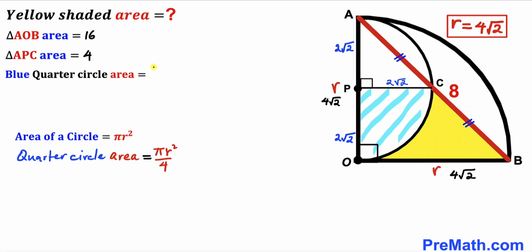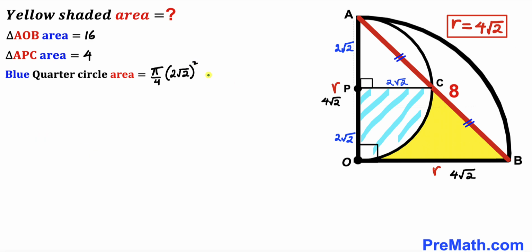So the area is pi divided by 4 times 2 times square root of 2, whole squared. If we square 2 times square root of 2, that gives us 8. So we can write pi divided by 4 times 8, which equals 2 times pi square units. So the area of this blue quarter circle turns out to be 2 times pi.